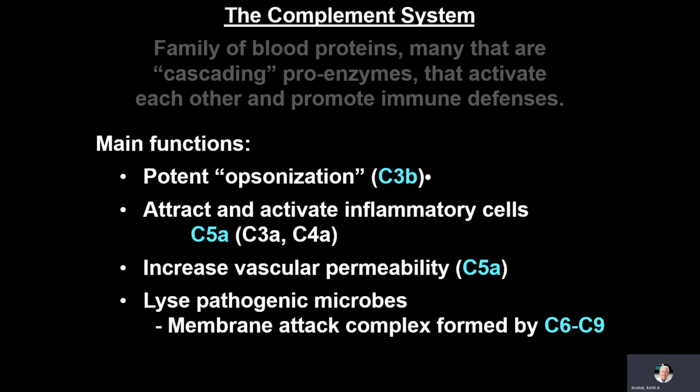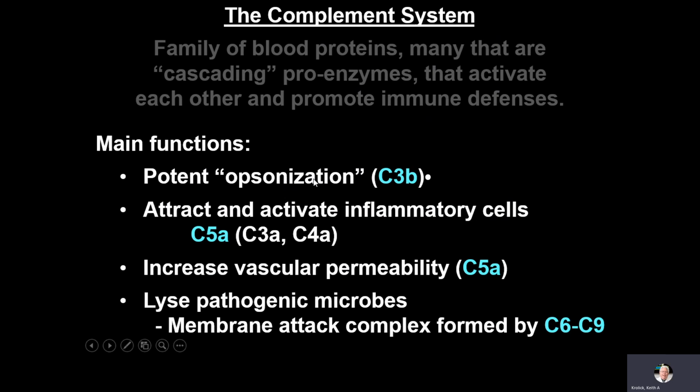Really, really important fragments. The first one that I want you to remember is C3b. C3b is one of the two fragments that are generated when C3 is activated. Okay. When C3 is activated, there's a C3a that's formed and there's a C3b that's formed. C3b has an extremely important role to play in inflammatory responses.